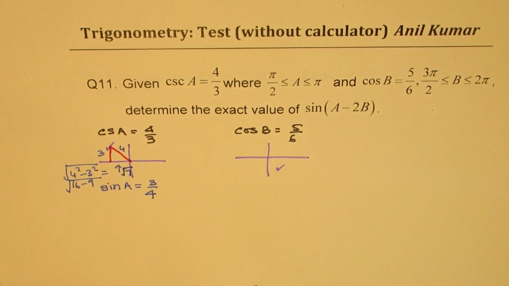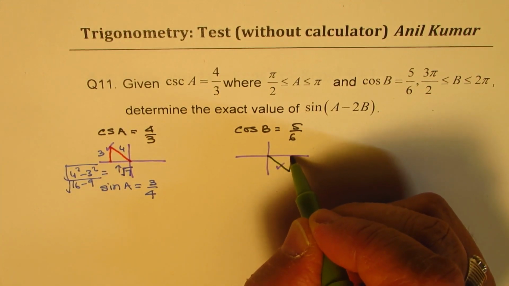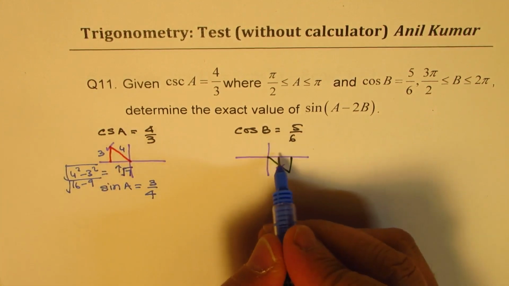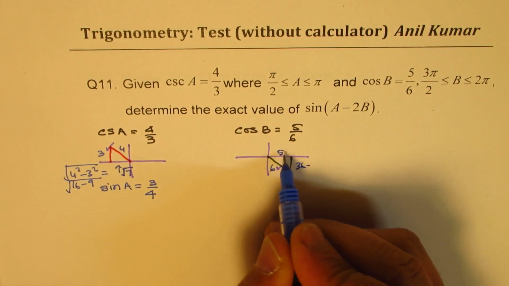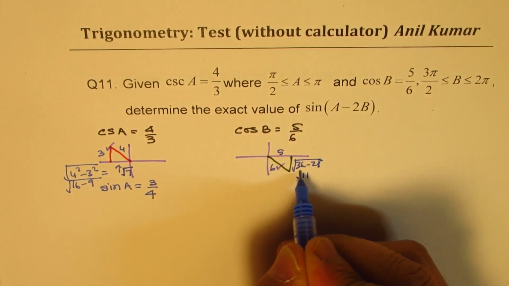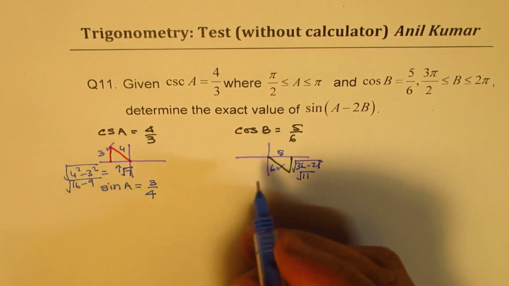In this particular case, 5 by 6 will have 5 as your adjacent side, 6 as hypotenuse. So this side is square root of 36 minus 5 squared, which is 25, which is square root of 11. Correct? Now sine A is 3 over 4.